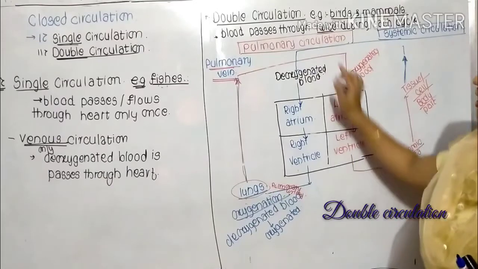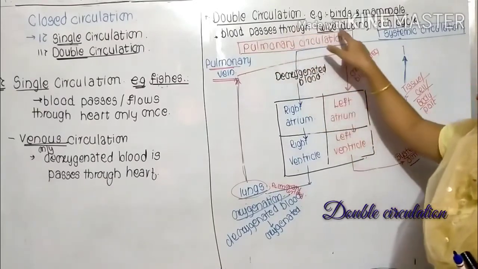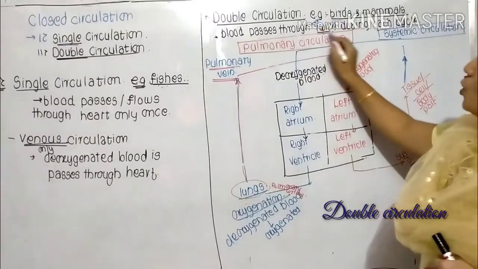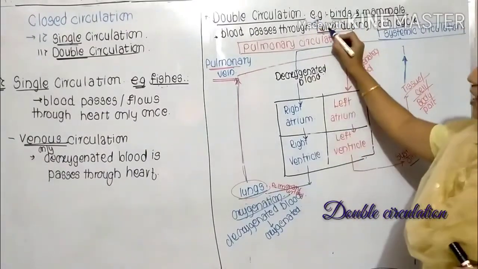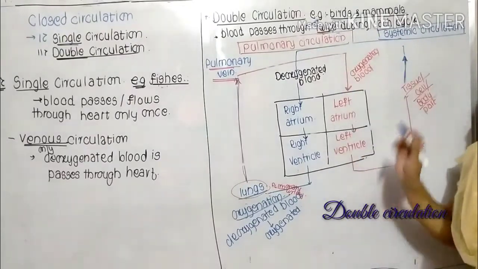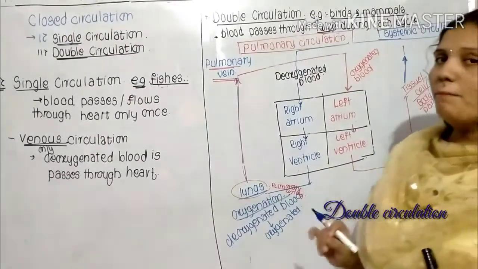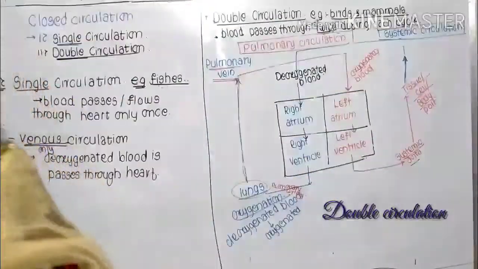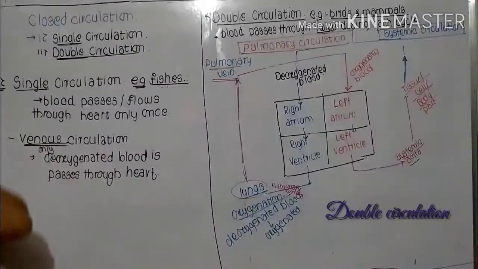So the blood passes through the heart twice. That's why this type of circulation is known as the double circulation. Okay, and it occurs mainly in birds as well as mammals.